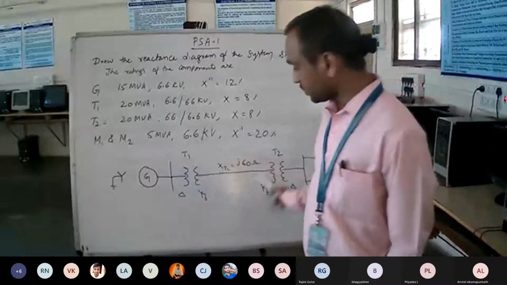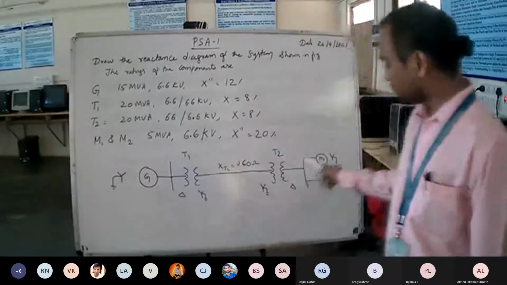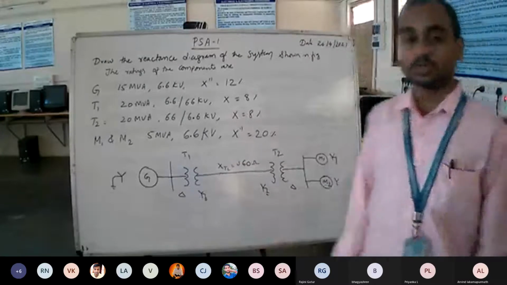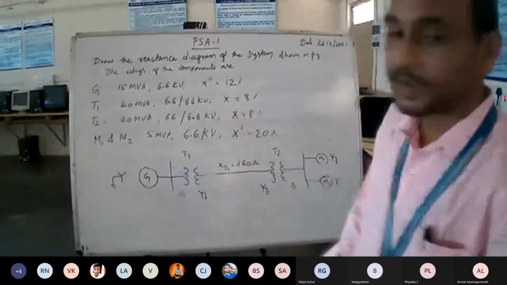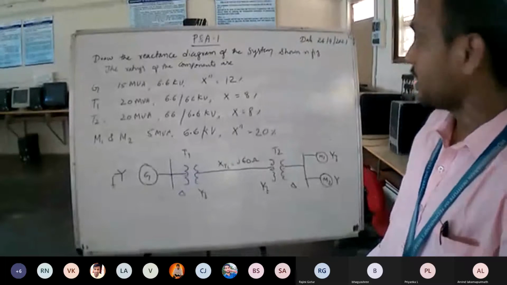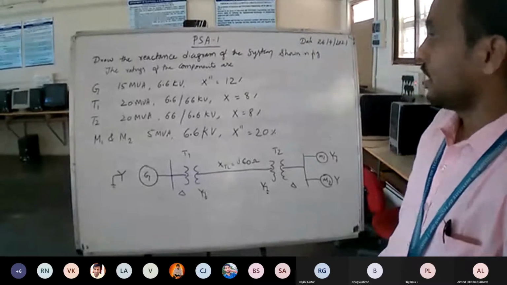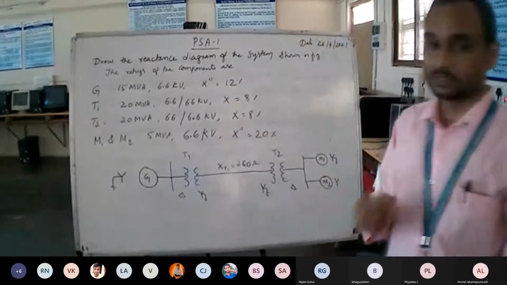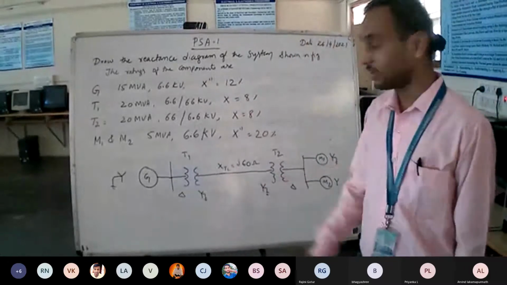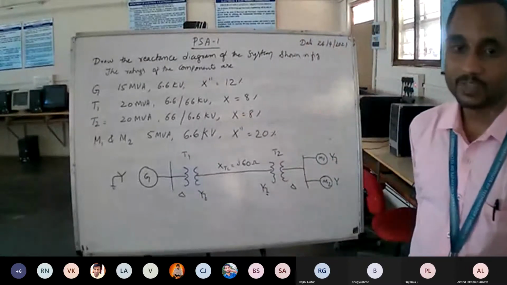Per unit reactance of the transmission line? Per unit reactance of motor 1 and motor 2? We need to calculate the per unit reactance of all the machines, and then draw the reactance diagram of the system corresponding to the single line diagram. Is it clear?